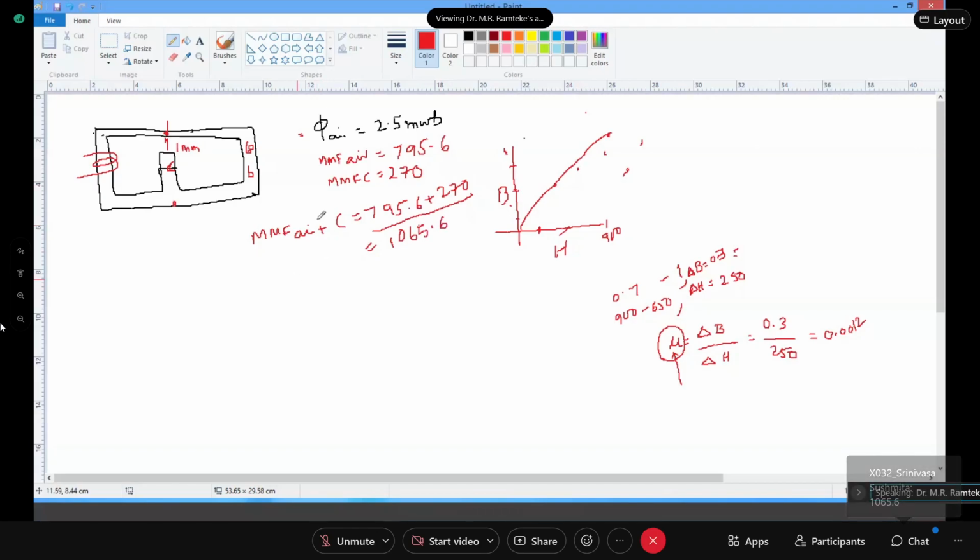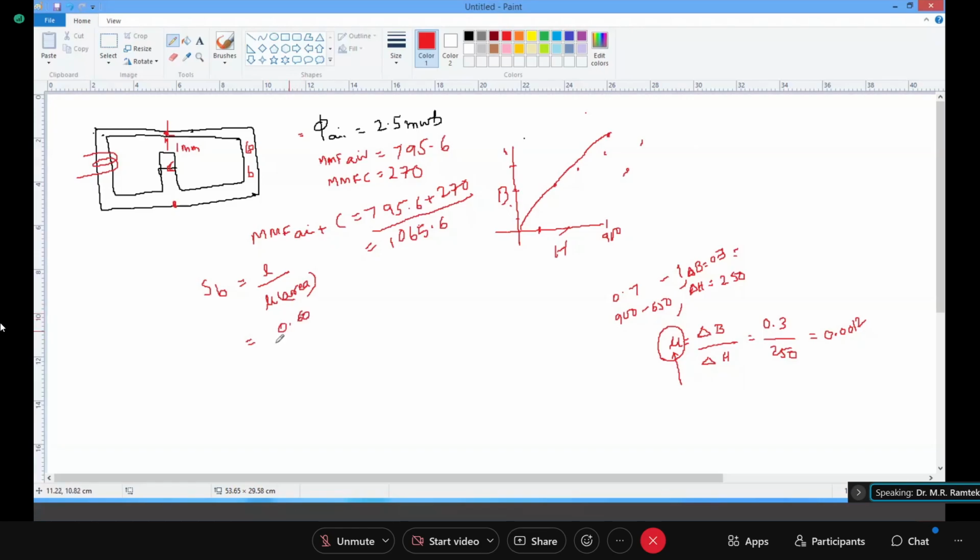Now, this same MMF will be across this. Clear? Same MMF will be across this. Now, you can calculate the reluctance of B. How? You know, the length upon mu into area of that, is it not? So length is 0.6, it is 60 centimeter. You got the mu value from here, it is 0.0012.